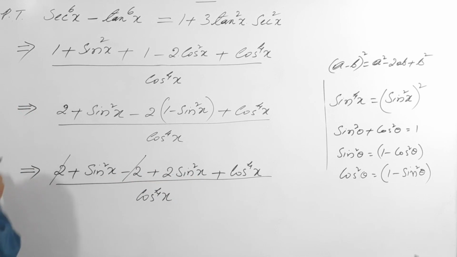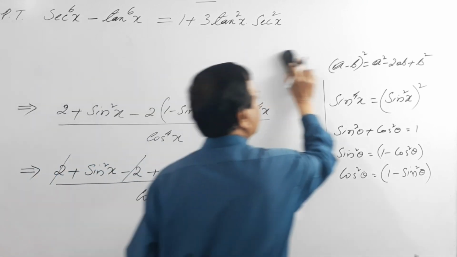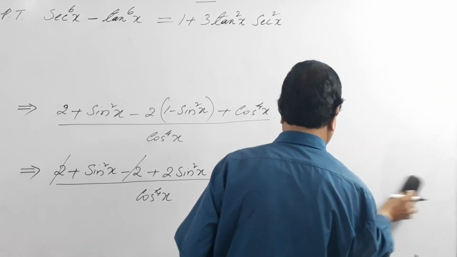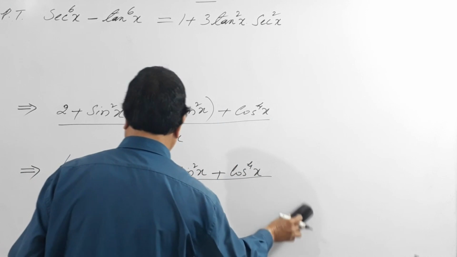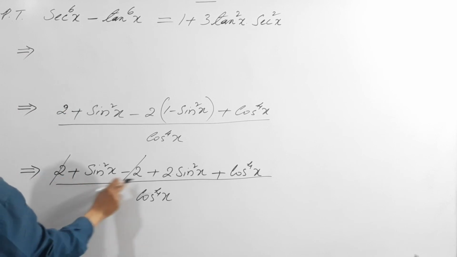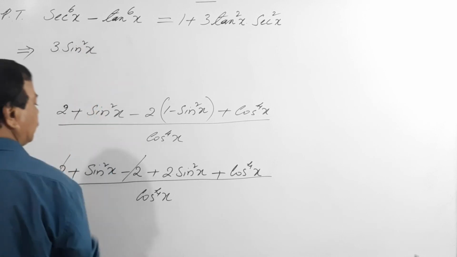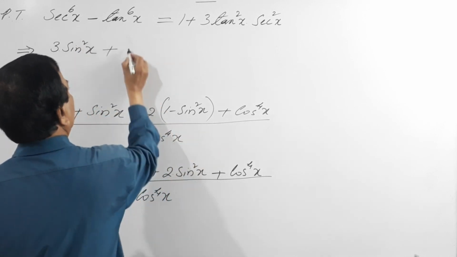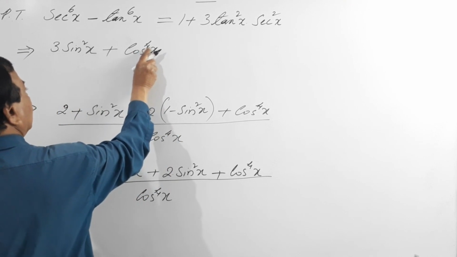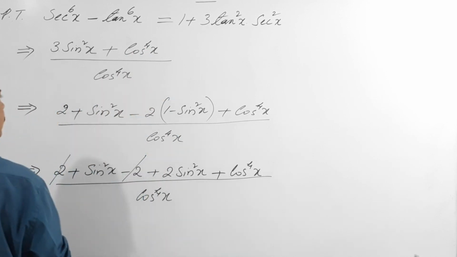So sine square plus 2 sine square becomes 3 sine square x plus cos to the power of 4x divided by cos to the power of 4x.